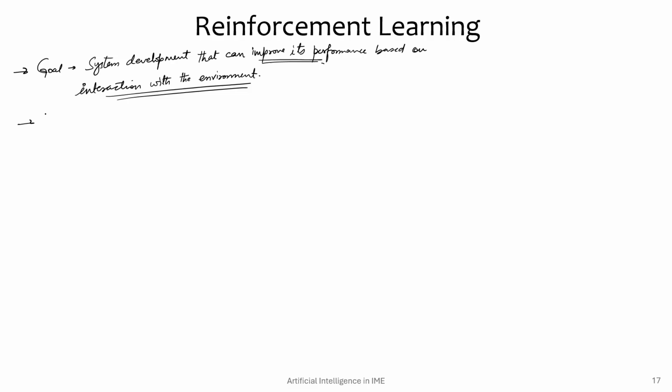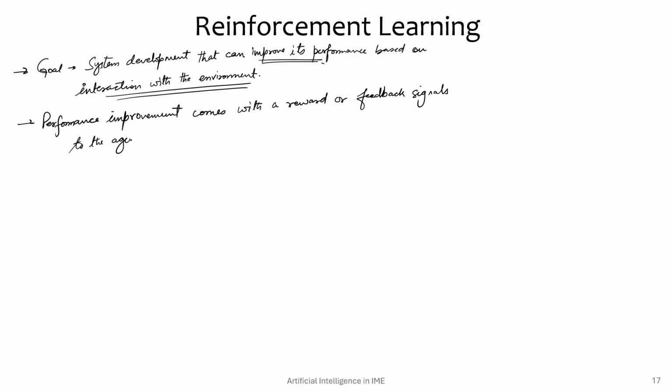So, performance improvement comes with a reward or feedback signals to the agent in the system.